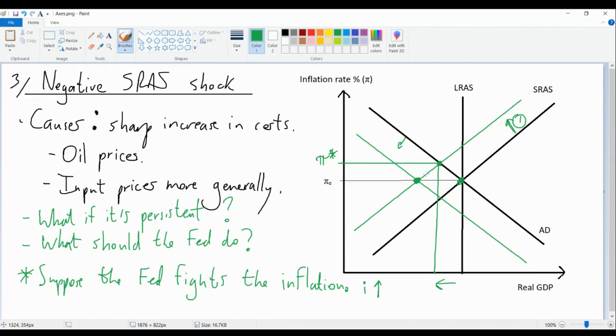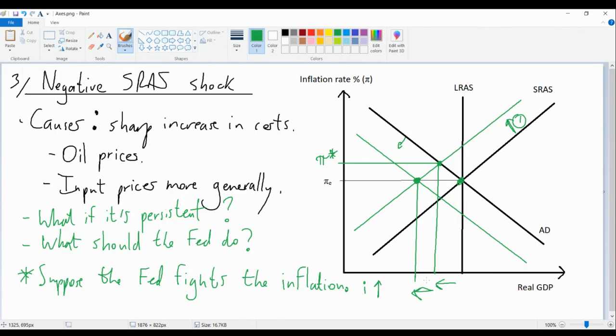Well, what has the Fed achieved? It achieved the goal of not letting inflation get out of hand. It achieved the goal of not letting people expect higher and higher inflation. But what has it also done? It's made the recession even worse.